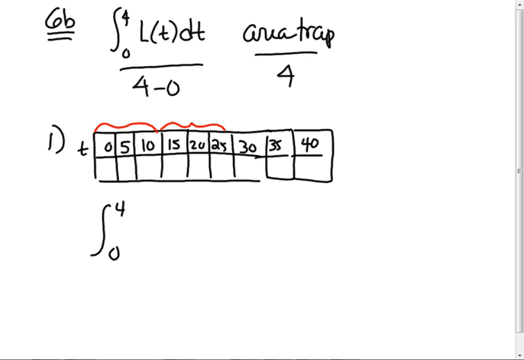Yeah, I know, it says 4. 1, 2, 3. Down to 20. Oh, that's what I did wrong.